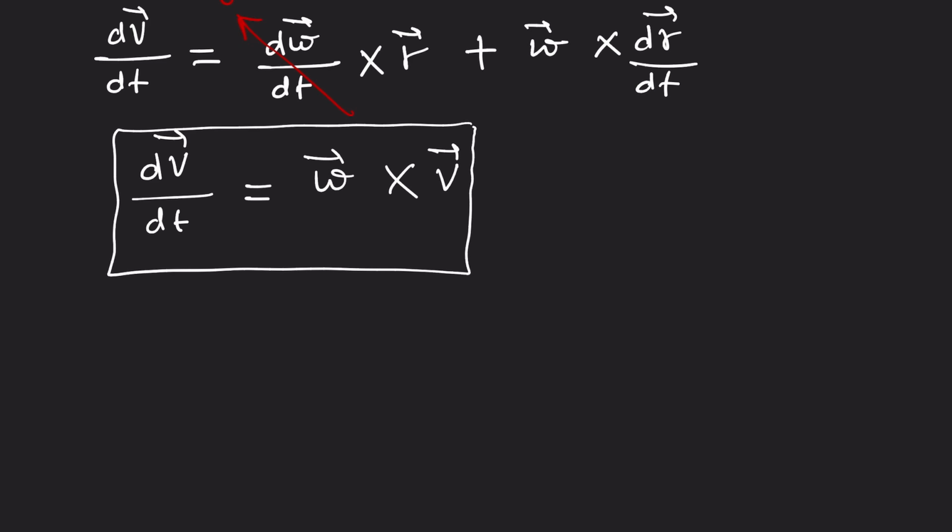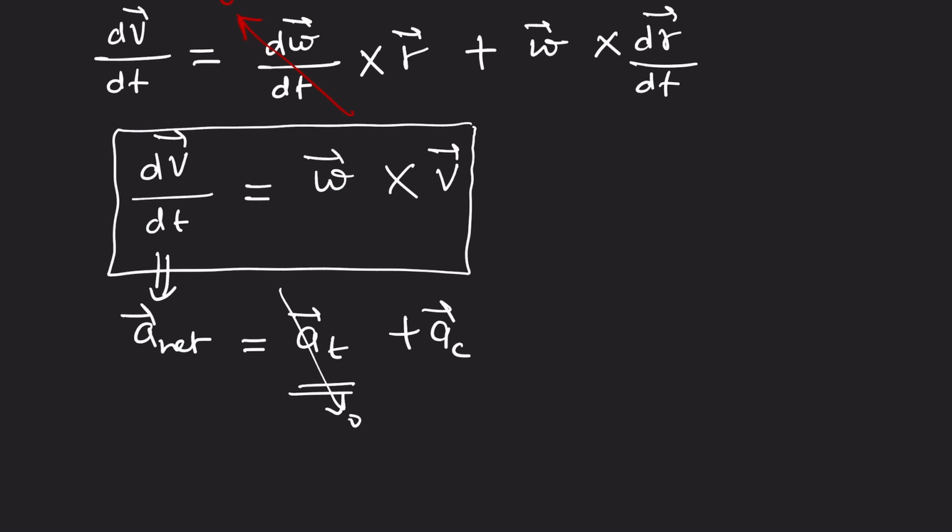Because this acceleration right now is the total acceleration, okay. Try to understand, this is a net, and of course this vector should come because of a tangential plus a centripetal. But because we are talking about uniform circular motion, the tangential part will be zero. So directly a net is responding as a centripetal, and that is equal to omega cross v.